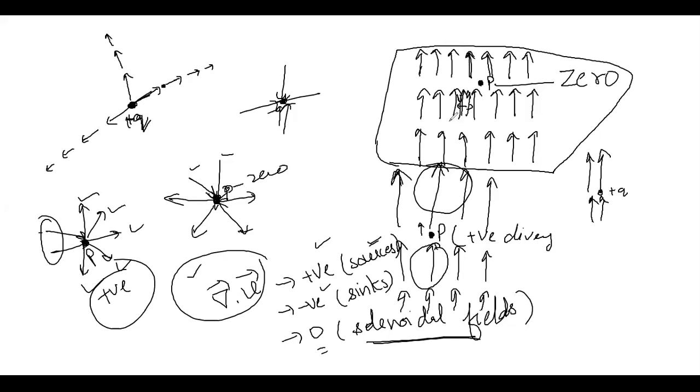Imagine you have placed a very small paper boat here. If the paper boat starts to rotate, then this field will have a curl in it. But if the paper boat does not rotate, that means the curl is going to be zero in that case.